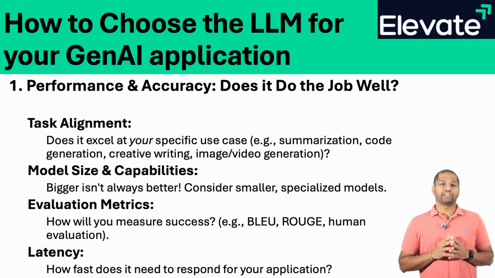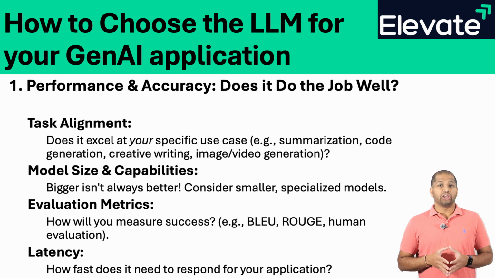Our first critical factor is performance and accuracy. Does it do the job well? This might seem obvious, but we need to look beyond general capabilities and ask, is this LLM truly aligned with our specific task?